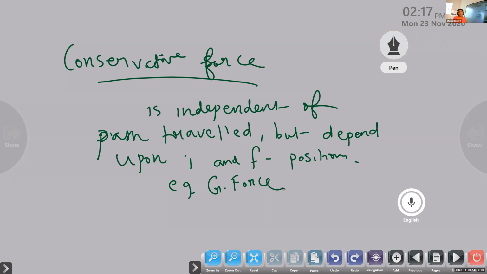Next one, non-conservative. From this itself you know, it will be in reverse order.